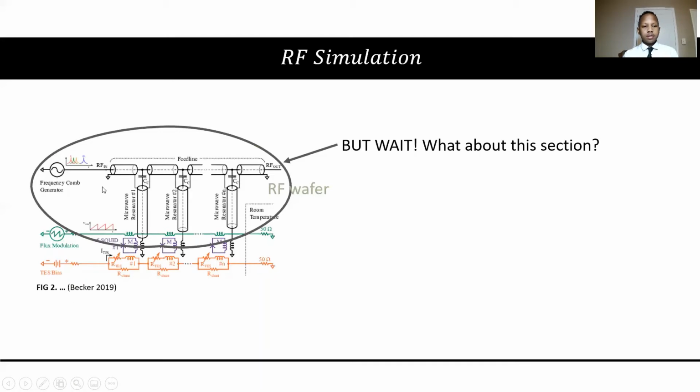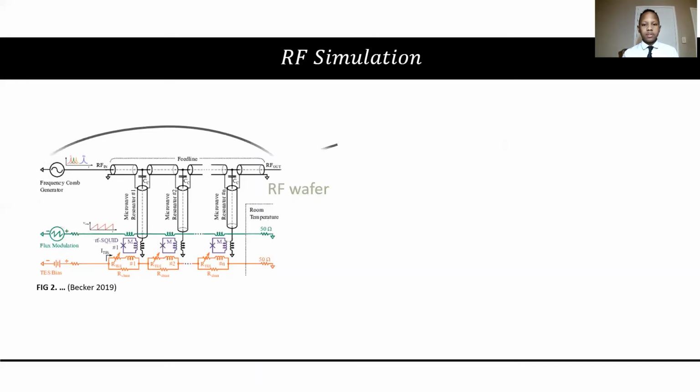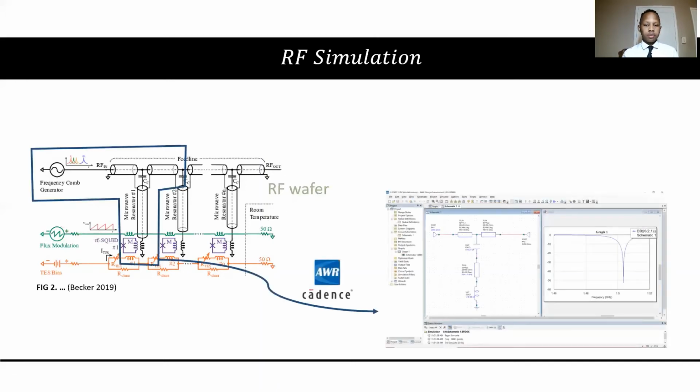And this circuit, I was fortunate to be able to simulate on AWR, which is a Microwave Office RF design tool that could be used to make simulations on various different circuits, and it's really essential to the development of technologies like the MUMOX overall. So if I run the simulation here, I can go over how it works overall.